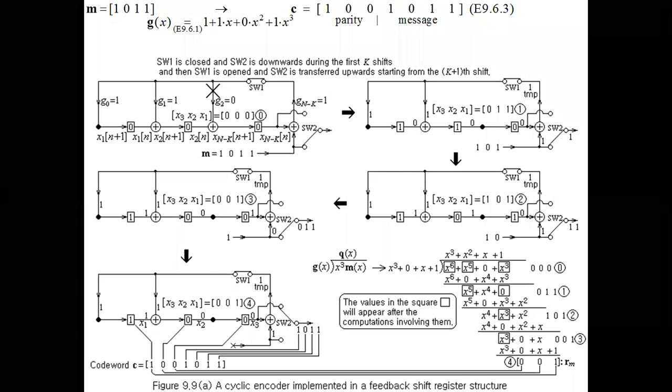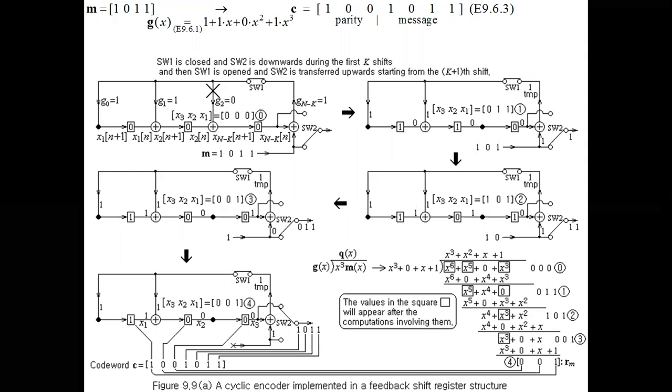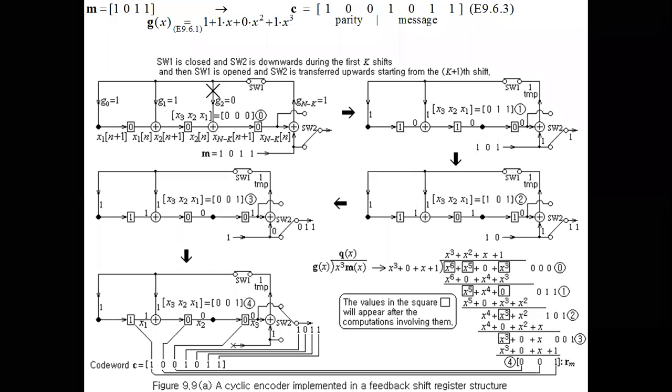So in this procedure, the first step is to design a circuit by using the generator polynomial, and you can use modulo 2 adders and shift registers with reference to the generator polynomial. The third is to use two switches, SW1 and SW2. SW1 is the upper switch, SW2 is the lower switch.